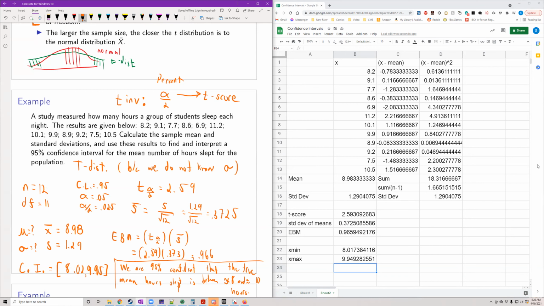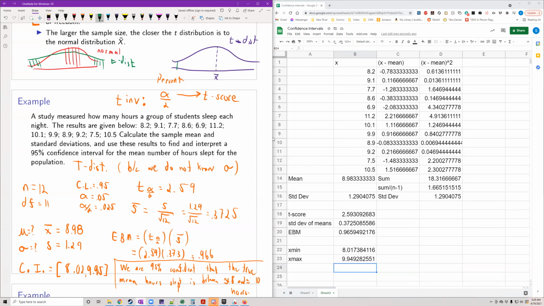We can even draw a very similar looking graph. Oops, let's do it over here. We can make some more space up in this area. There's the t distribution. There's our calculated mean.